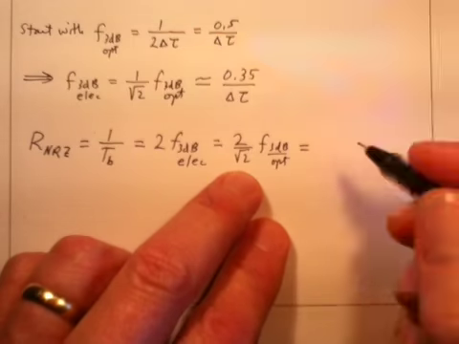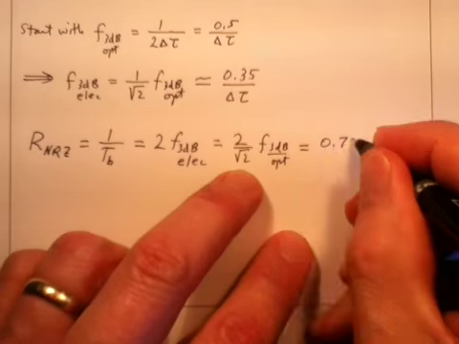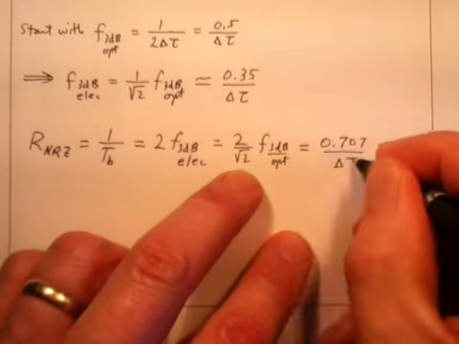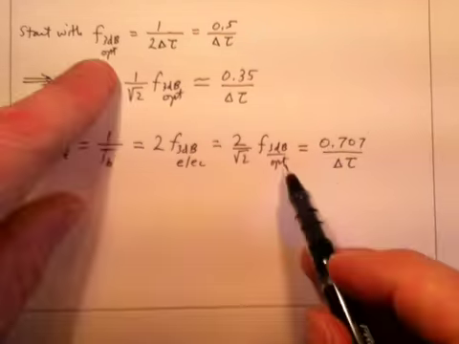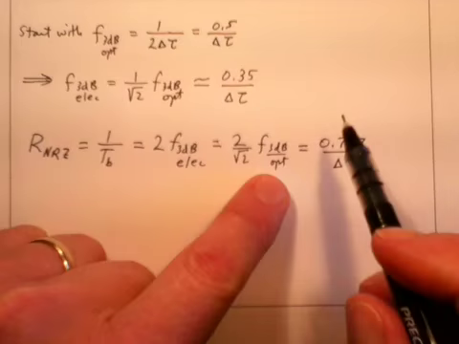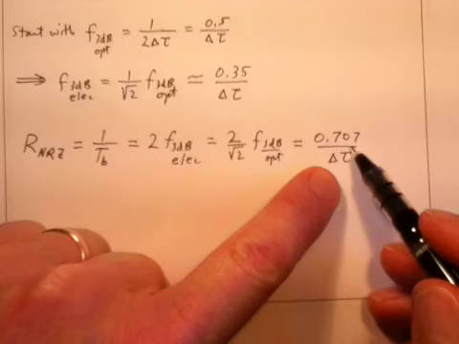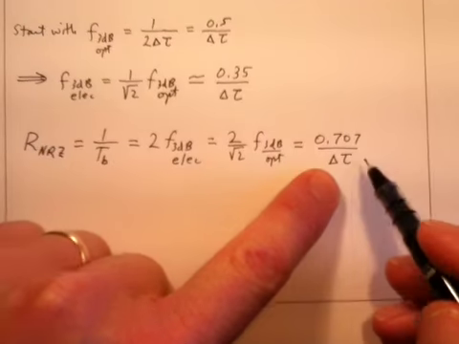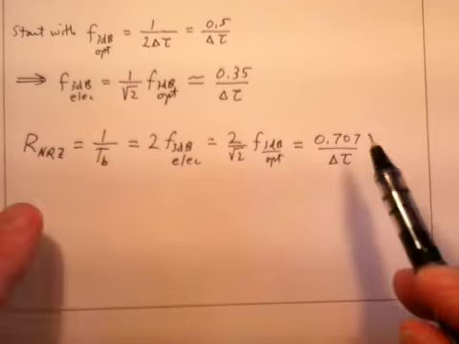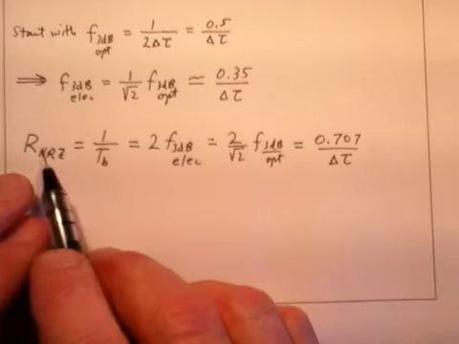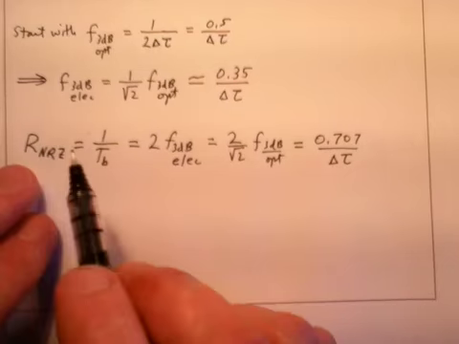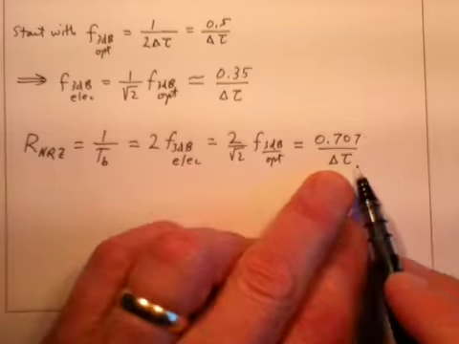One way or the other, this comes out to be 0.707 over delta tau. The 0.5 times the 2 cancel, and I get 1 over square root of 2, which is 0.707. There we are. So the maximum NRZ data rate is 0.707 divided by the pulse spreading.